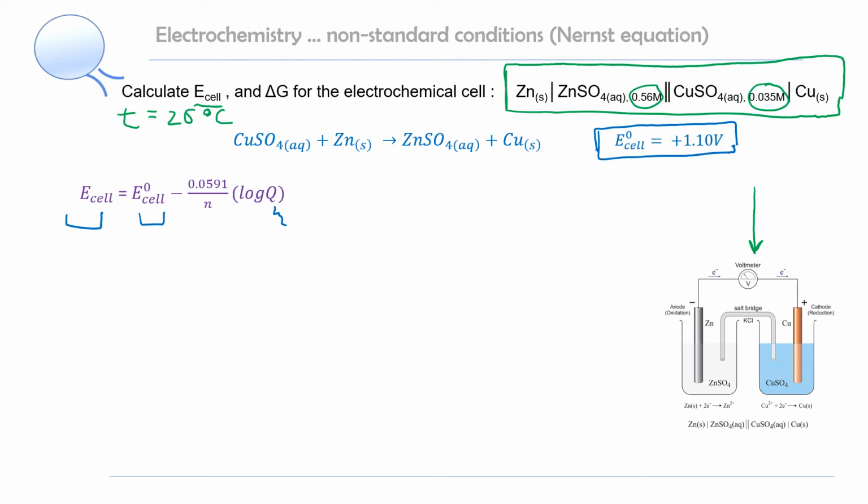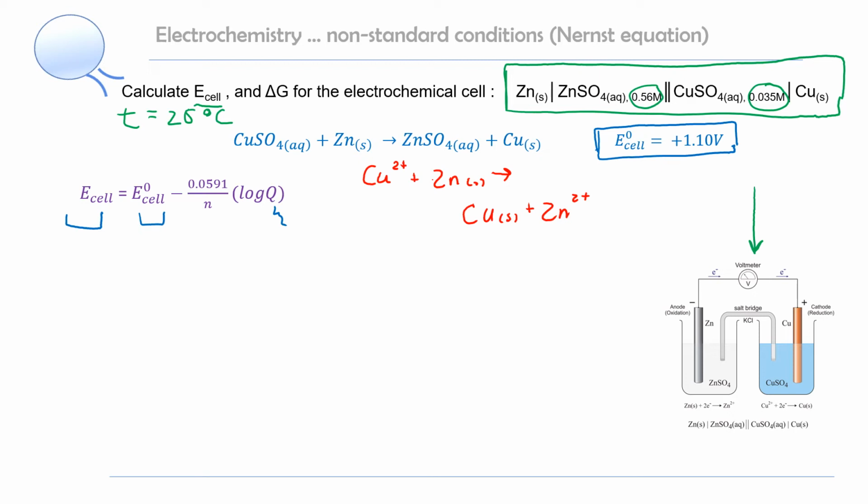Okay, so for this given reaction, once again, remember this is copper 2+ ions reacting with zinc metal to give copper solid and zinc 2+ ions. If you were to write an equilibrium constant for that reaction, it would look the same as the reaction quotient.